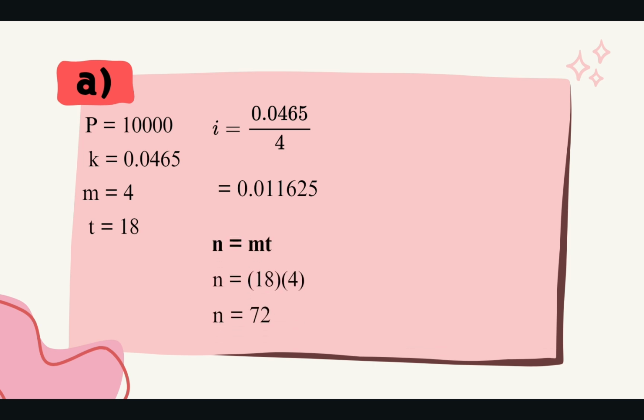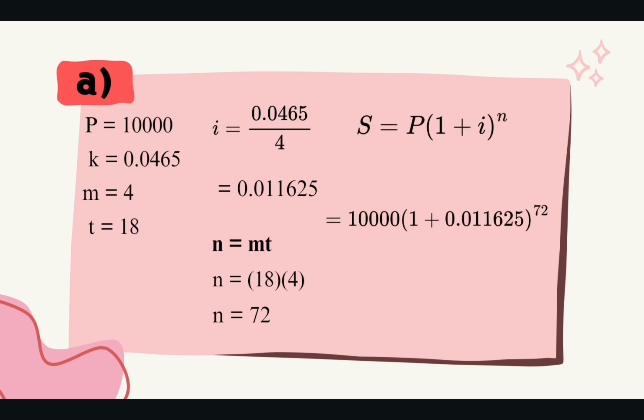After that, we insert these values into the formula. And then, we can get the answer of S is equal to 22,983 ringgit and 6 cents. Then, to find the value that she can withdraw, we need to use the formula of present value, which is A. We need to find the values in the formula first. And the values are as follows.